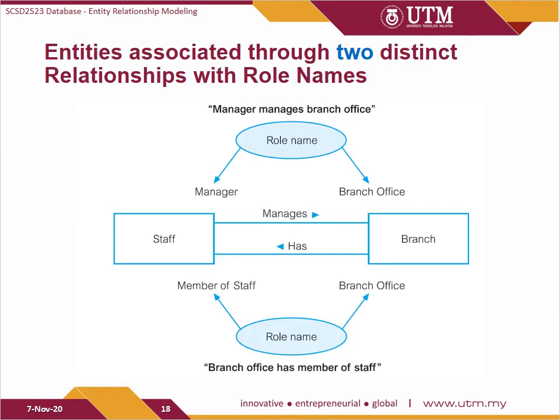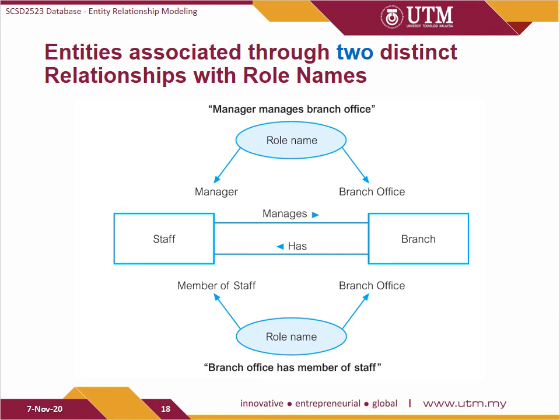Okay, next is about entities associated through two distinct relationships with role names. Role names may be used when two entities are associated through two distinct relationships. This slide shows an example of entities associated through two distinct relationships called manages and has with role names. The use of role names clarifies the purpose of each relationship.